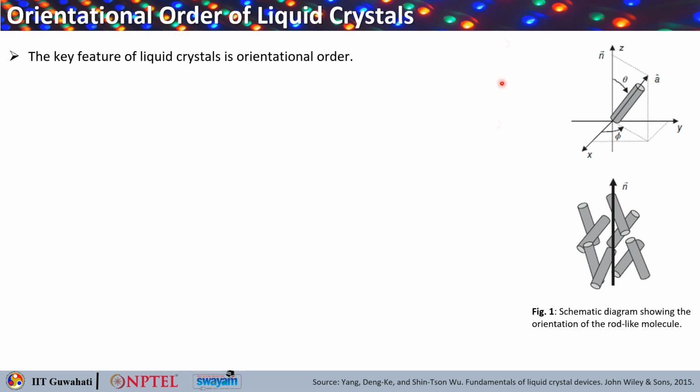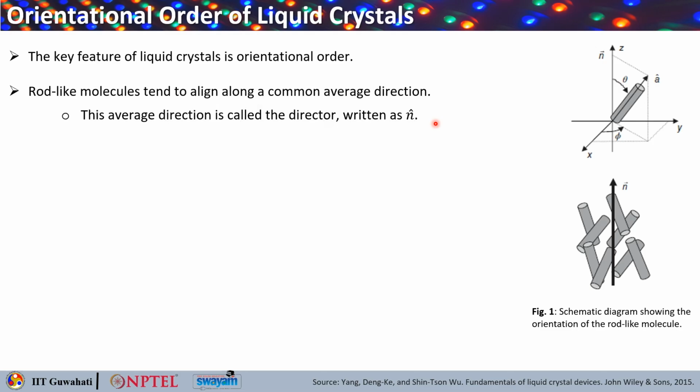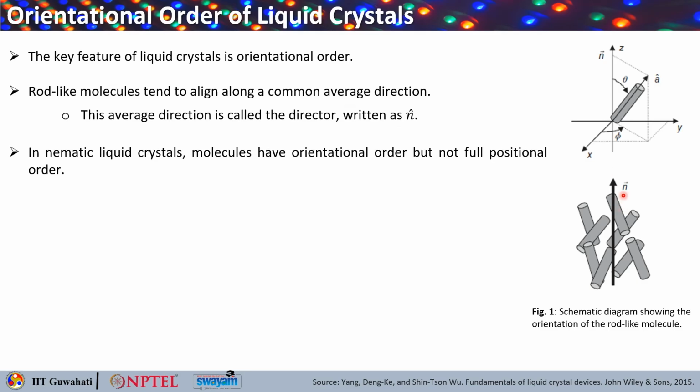The orientation is one of the important features of liquid crystals. If you consider rod-like molecules, they tend to align along a common average direction, just like here. That average direction is called the director, and it is typically represented as n cap.